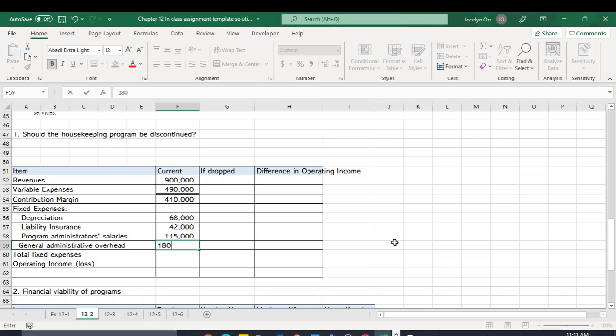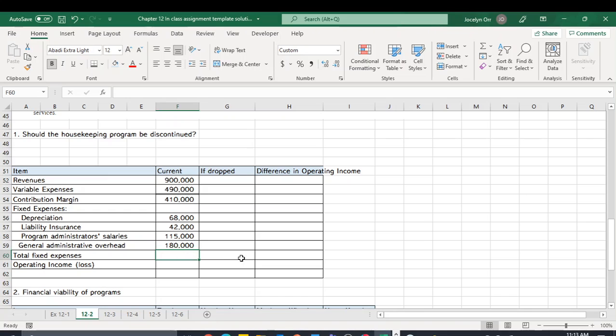Our general administrative overhead is $180,000. Our total fixed expenses, when we add all of these together, is going to be $405,000. Our contribution margin minus the total fixed expenses gives us $5,000.